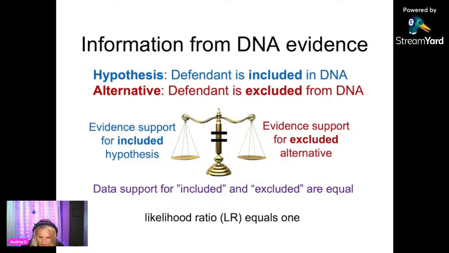And sometimes these balances equal, and there's equal weight for both the hypothesis of inclusion and the alternative of exclusion. The data support for included and excluded are equal. In that case, the likelihood ratio, this balancing of the evidential support of hypothesis and alternative, equals 1.